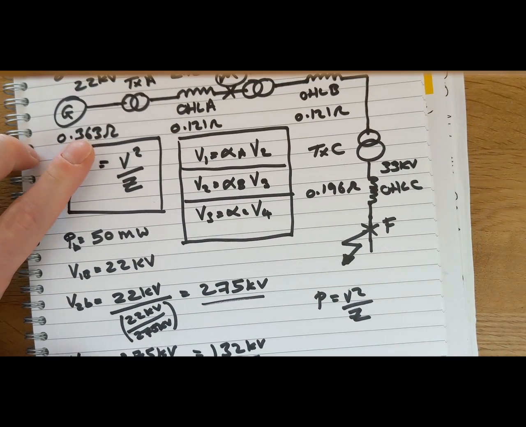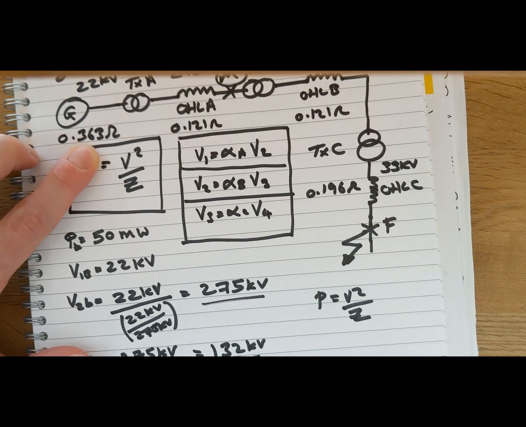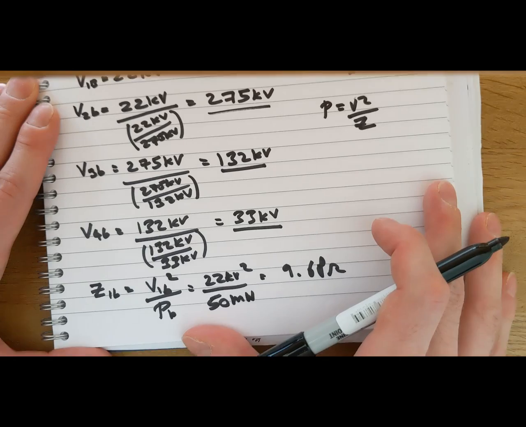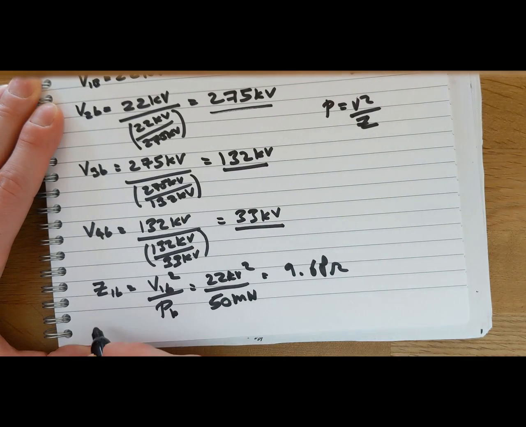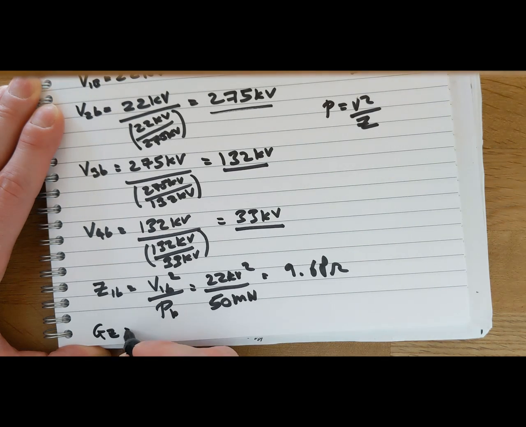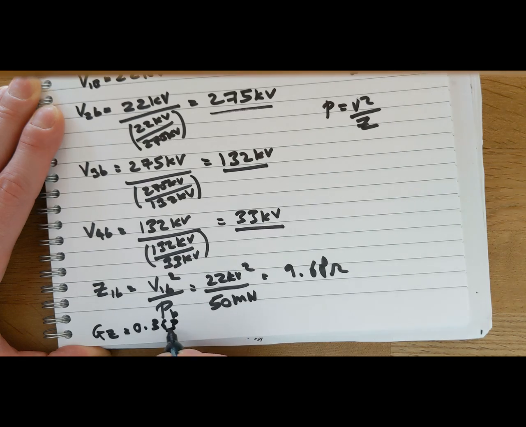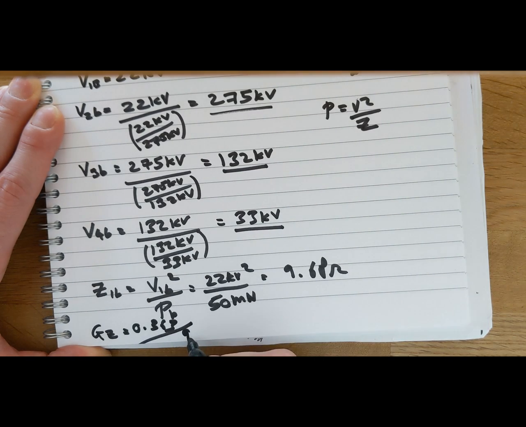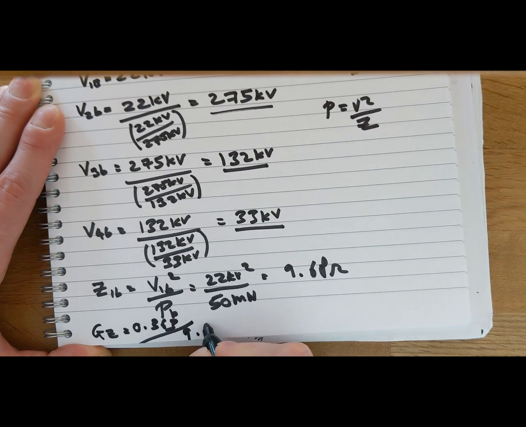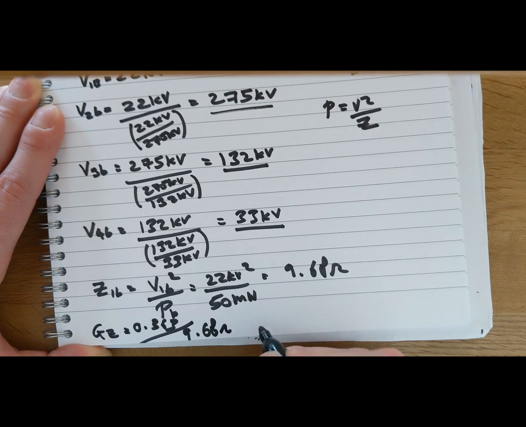So then we can convert our impedance here into the per unit system, and that's simple enough. Our generator impedance is simply the ohmic value divided by the base to put into per unit. So that will be 0.363 divided by 9.68 ohms.